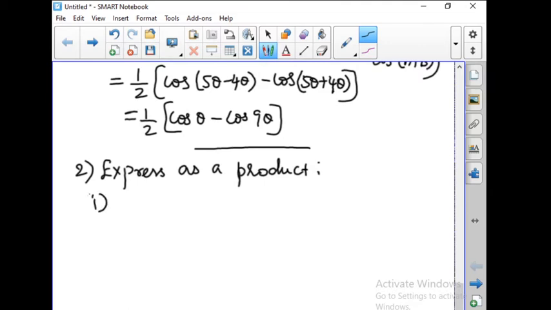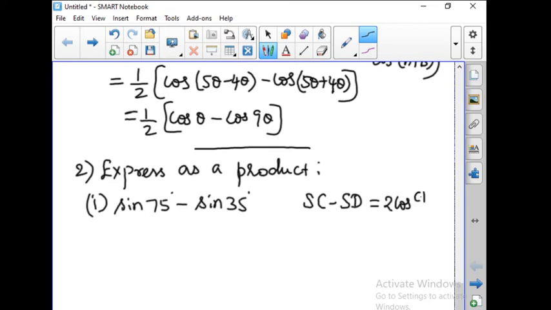So first subdivision, sin 75 degree minus sin 35 degree. So it is sin that has come, isn't it? So we can write sin C minus sin D is equal to 2 cos of C plus D by 2 into sin of C minus D by 2.